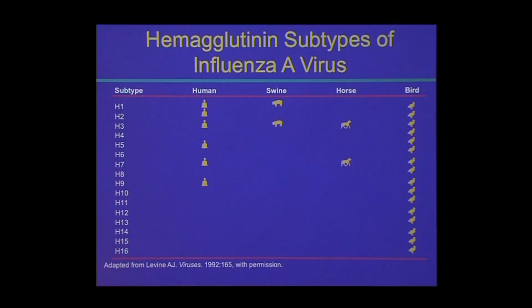Okay, so there are 16 hemagglutinin subtypes. There's 16 different antigenically distinct proteins sitting on the surface, one of them. And the reason this slide's important is because it shows some of the reservoirs in animals for the influenza viruses and these different hemagglutinin subtypes. So humans, obviously, but also pigs, horses, and the primary reservoir is birds. And a lot of this happens in wild birds, and they may not be symptomatic.